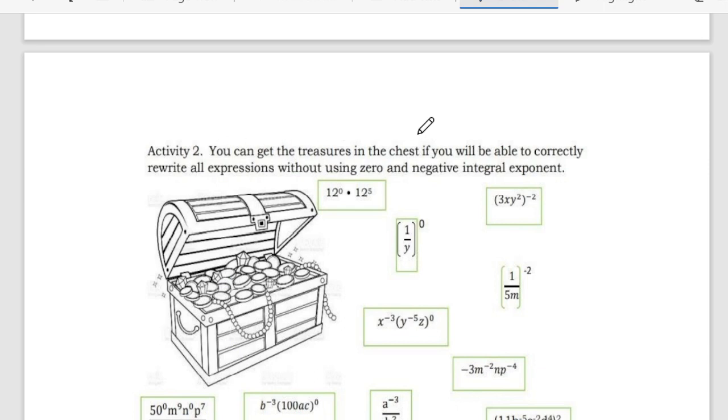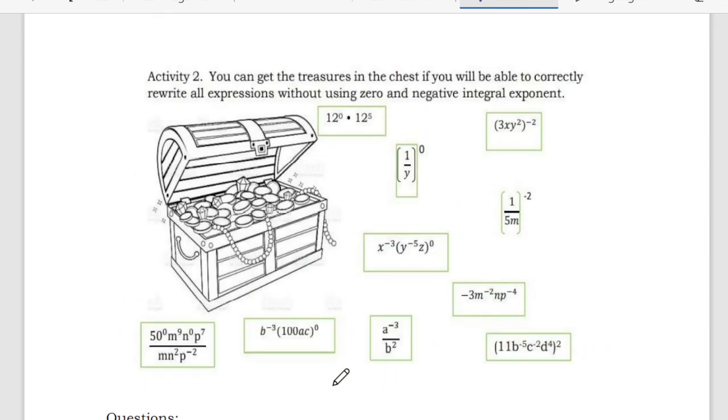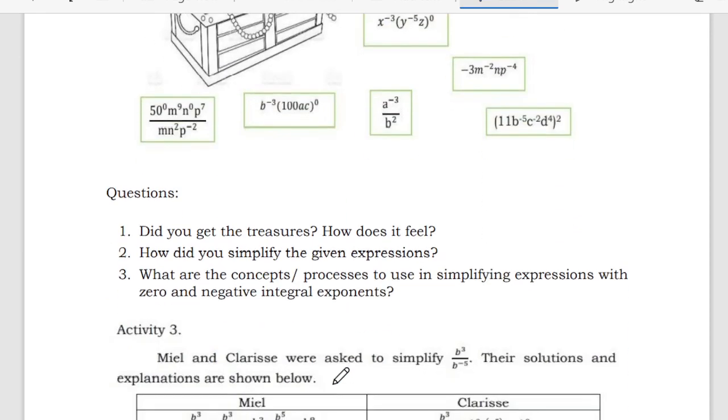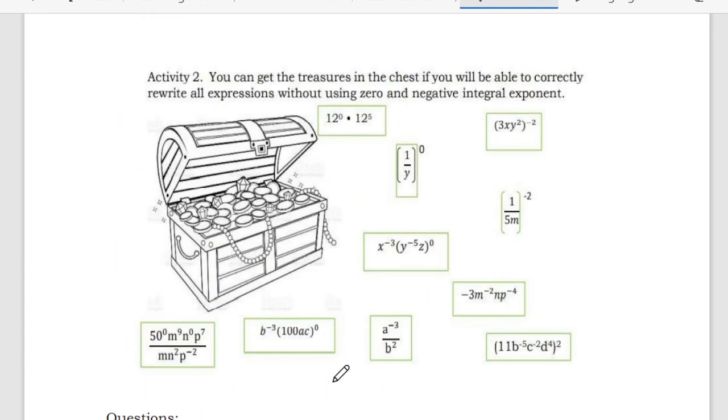So you can get the treasures in the chest if you will be able to correctly rewrite all expressions without using zero and negative integral exponents. So you just write what is 12 raised to 0 times 12 raised to 5, and then you can find the answer, and then here also the same process.